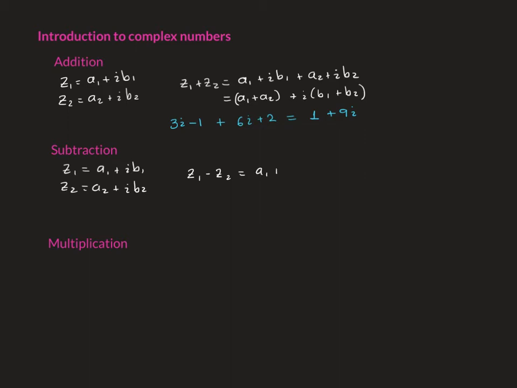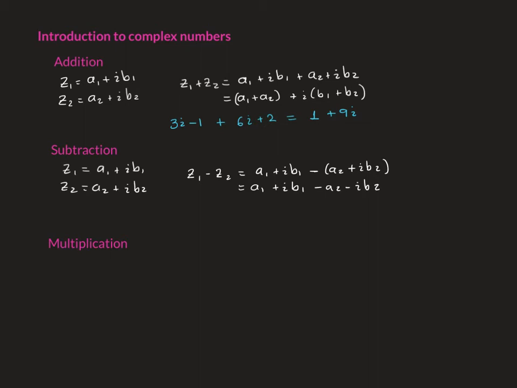So a1 plus ib1 minus a2 plus ib2. And because we said we can treat this as a polynomial, then we can break that parenthesis by distributing the sign, and we get minus a2 minus ib2.